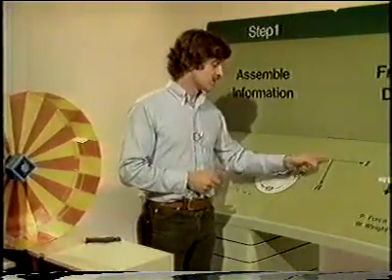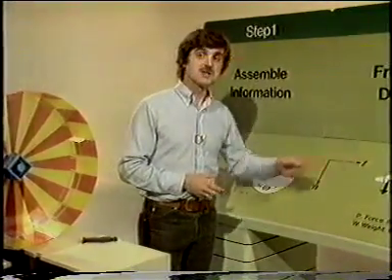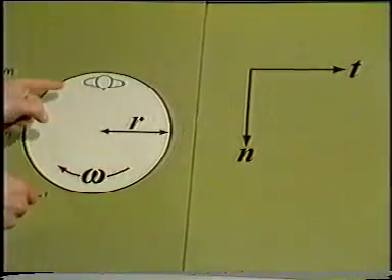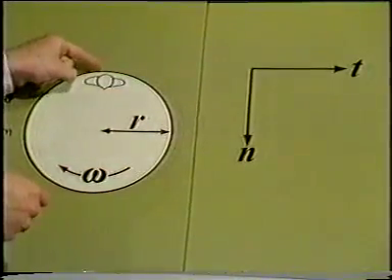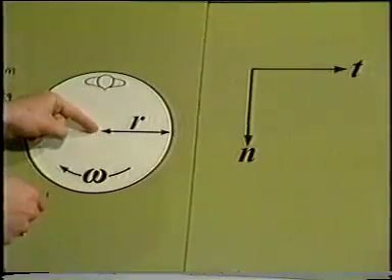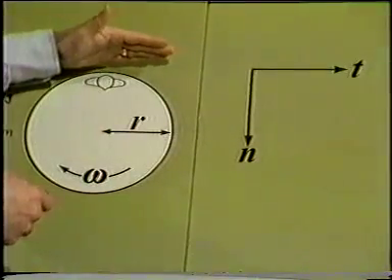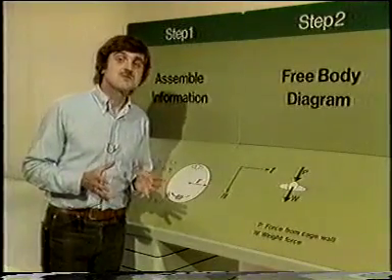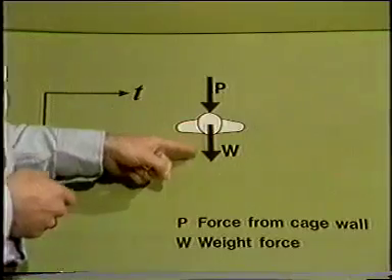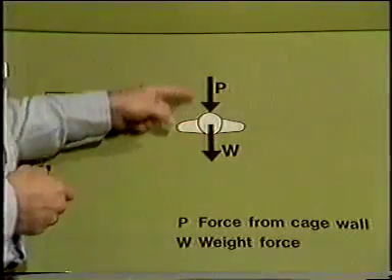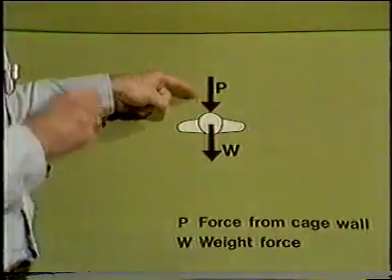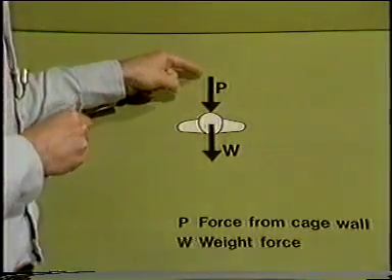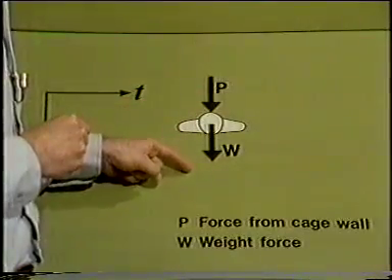Well, I've chosen normal and tangential coordinate axes because I'm dealing with a rotating situation, and I'm interested in the forces acting normally towards the center of rotation and tangentially in the direction of travel. And there are really only two forces which are of interest to us: the weight force, W, and the force P, which is acting on the man's back from the cage wall. And this will be, again, normally towards the center of rotation.